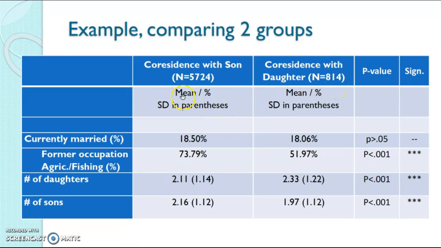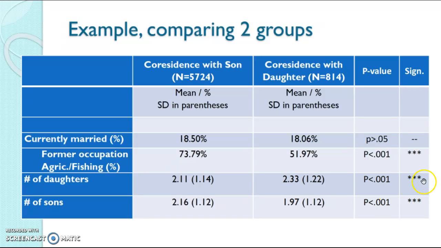The table is showing us either the mean or the percentage in that category and the standard deviation. So for example, those who live with a son have a mean number of daughters of 2.11. Those who live with a daughter tend to have, on average, slightly more daughters.